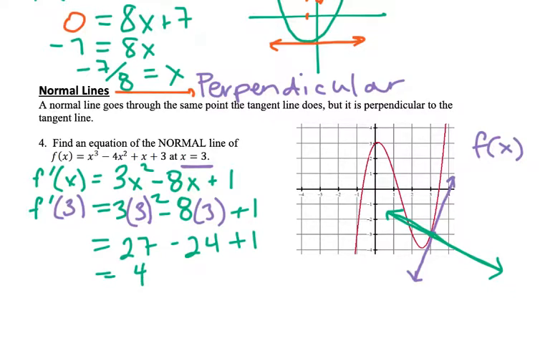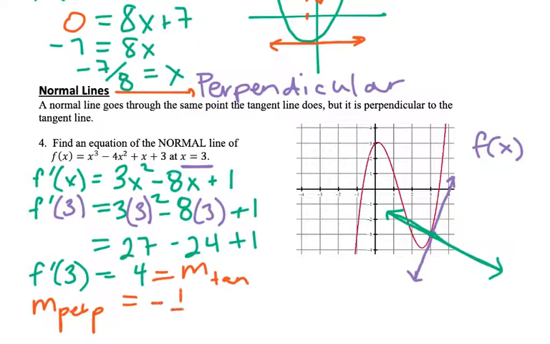So f prime of 3 equals 4. This is the slope of the tangent line. So I'm going to call this M tangent. If we want the normal or perpendicular slope, you take the opposite reciprocal of that. So instead of 4 over 1, we get negative 1 over 4. So that's the slope of our normal line.